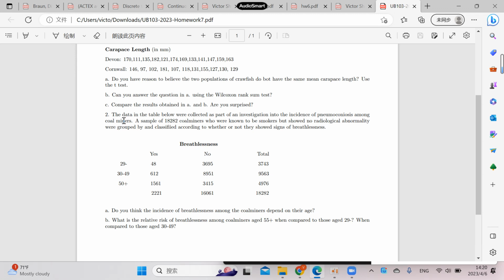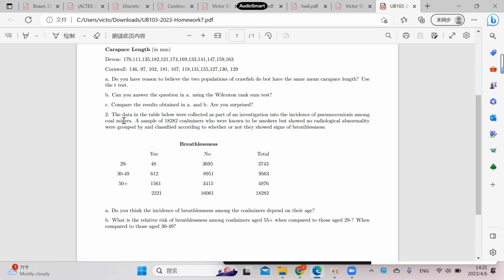For the first entry, your observation is 48, both under 29 years old and having breathlessness. The observation is 48, but using the formula I just proved, you find your expectation, which is around 454.7.